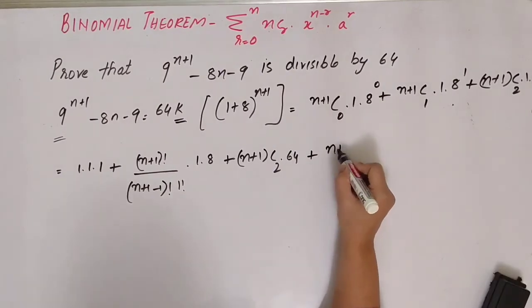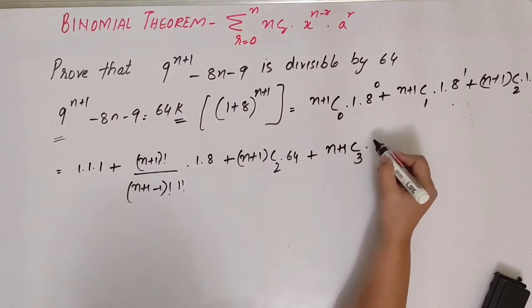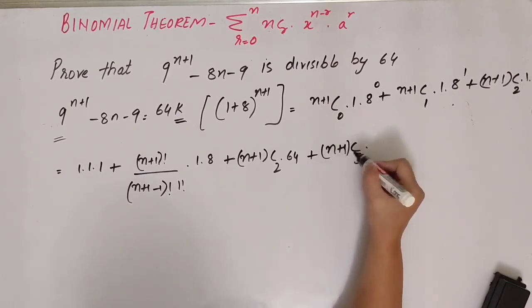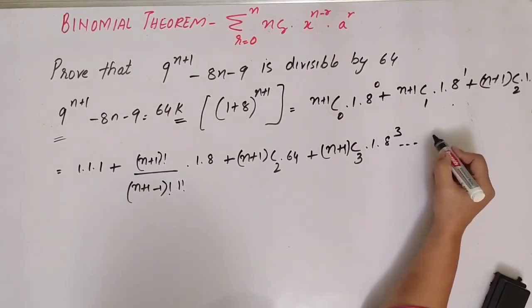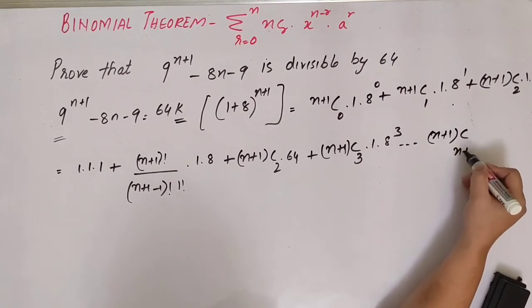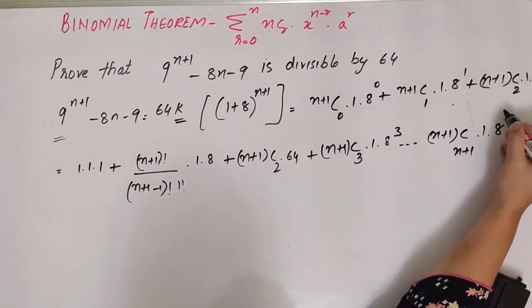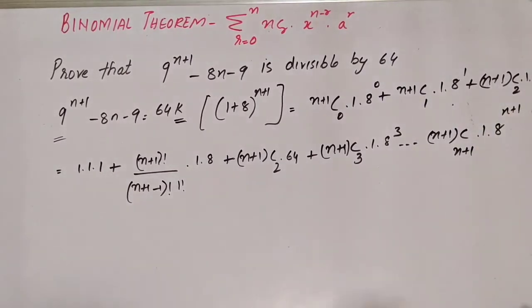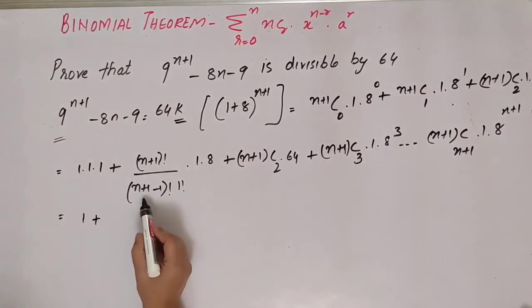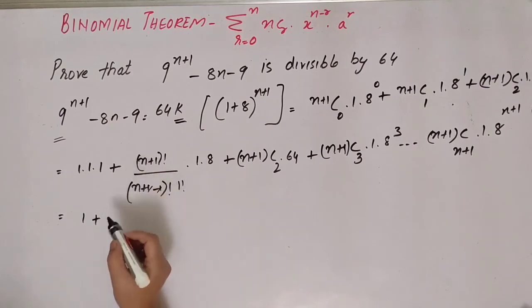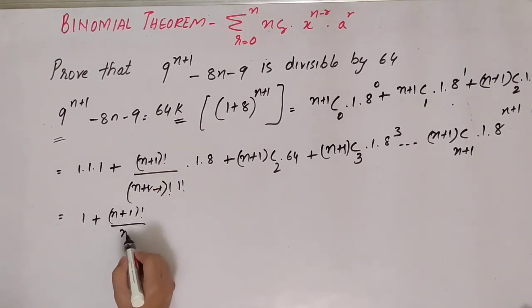We're going to get n+1 C3 into 1 into 8 cubed. Finally, you will have n+1 C n+1 into 1 into 8 to the power n plus 1. This is nothing but 1 plus 1, and 1 will be cancelled. So we'll have n plus 1 factorial by n factorial.